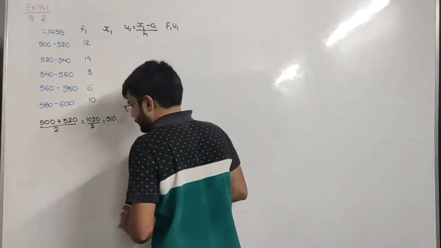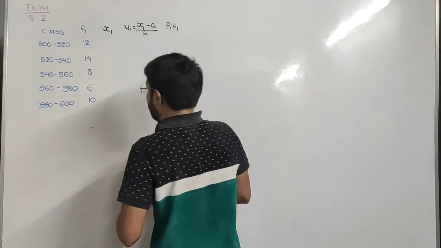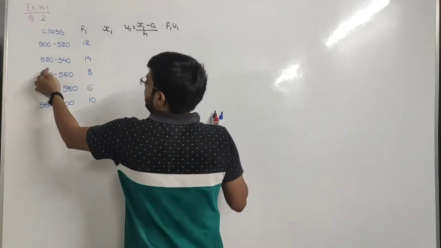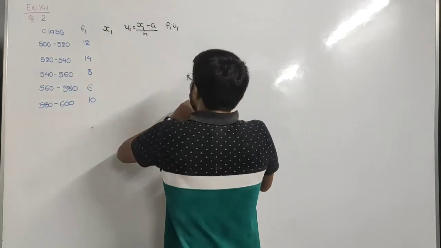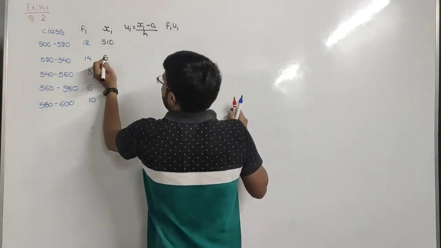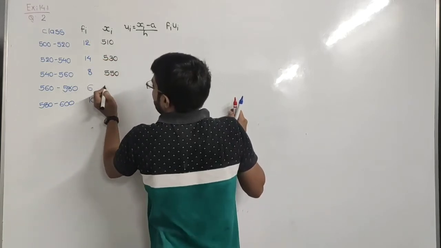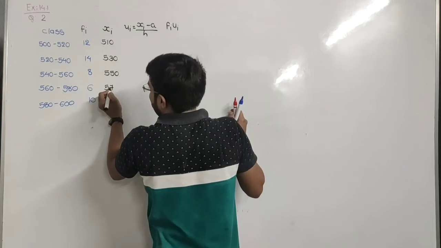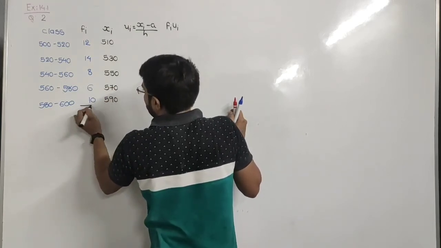So the first will be 510. As you can see, these have the same class length, a difference of 20. So if the first is 510, then the second will definitely be 530, then 550, then 570 and 590.